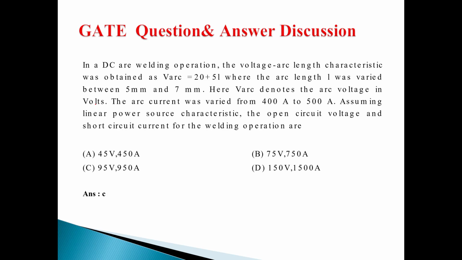Here V arc denotes the arc voltage in volts. The arc current was varied from 4000 amps to 5000 amps. Assuming linear power source characteristics, the open circuit voltage and short circuit current for the welding operation are... So now we have to find the open circuit voltage and short circuit current.